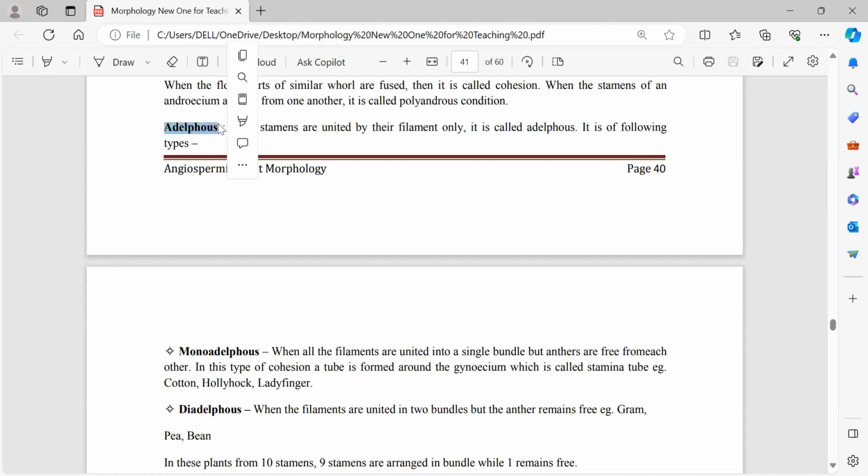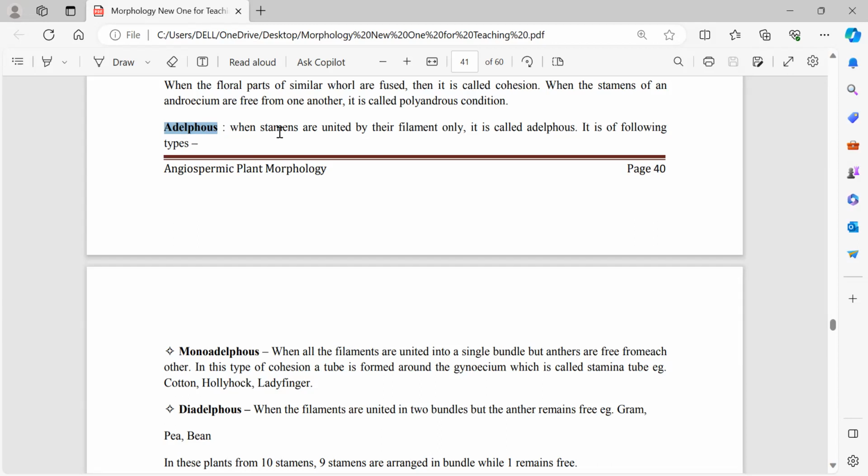Adelphous क्या? आपने पढ़ा होगा, ह्यूमन्स में भी कुछ ट्राइब्स में एडल्फी होती है. पॉलीएडल्फी, जिस तरह पॉलीगैमी में पॉलीगाइनी, पॉलीएंड्री, ये सिचुएशन. When we take the literal meaning of adelphous, it is a relation between brothers. Adelphous का मतलब क्या?